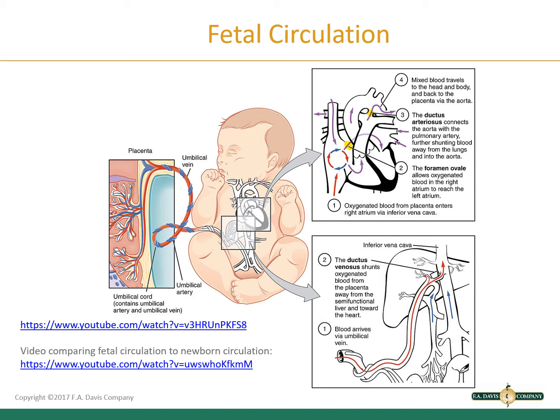The blood itself does not cross over into the fetal circulatory system through this process, so only the oxygen gets passed through. But this still doesn't explain how the blood can travel without going to the lungs itself.